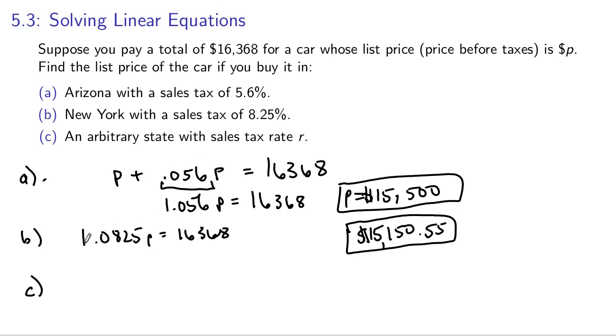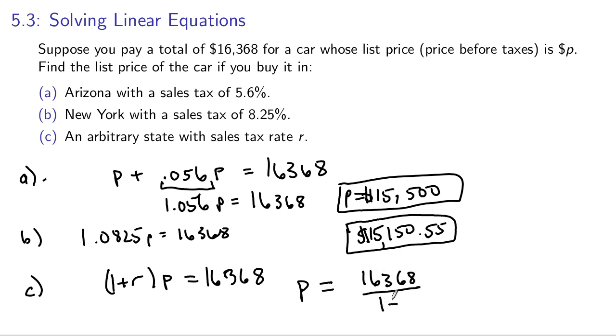So we would have 1 plus the rate times P equals the final price, 16,368. And so all we need to do to find the abstract answer is that the price in dollars is 16,368 divided by 1 plus the rate, R.